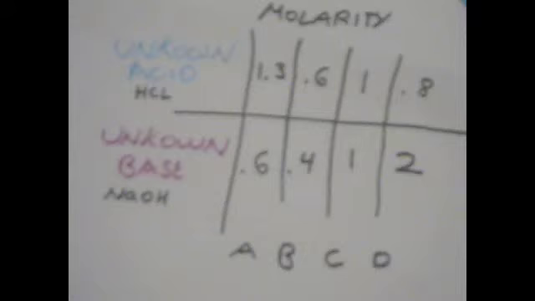Great. So after we ran through the experiment, we got the results that the 4 unknown solutions A, B, C, and D had molarities of 0.6 M, 0.4 M, 1 M, and 2 M respectively, and the 4 acids A, B, C, D had the molarities of 1.3 M, 0.6 M, 0.1 M, and 0.8 M respectively.